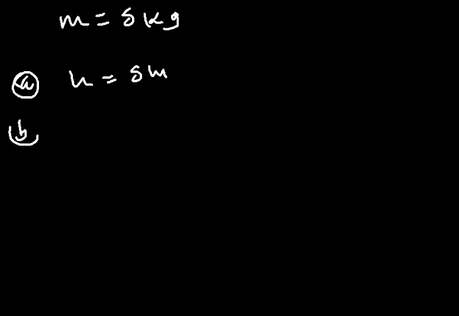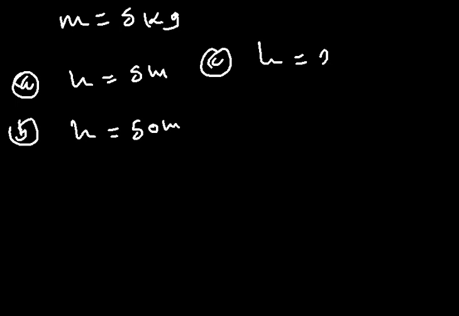Let's say we have an object of mass 5 kg. What is the gravitational potential energy at a height of 5 meters, and also at heights of 50 meters, 20 meters, and 15 meters?